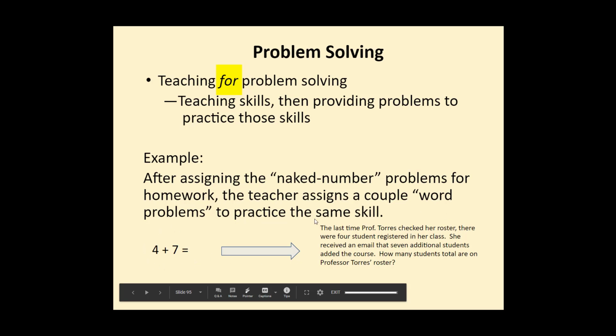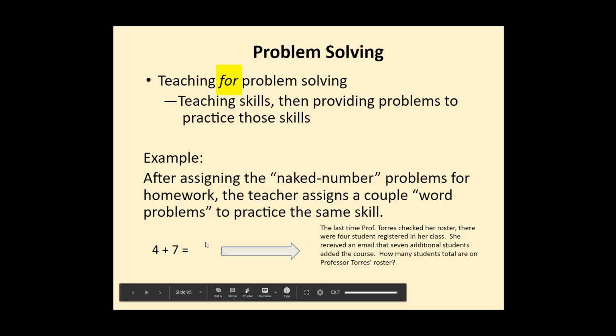And then a couple of these would be a word problem. And in this one, the last time Professor Torres checked her roster, there were 4 students registered in her class. She received an email that 7 additional students added the course. How many students total are on Professor Torres's roster? So here we're just basically adding in both situations.